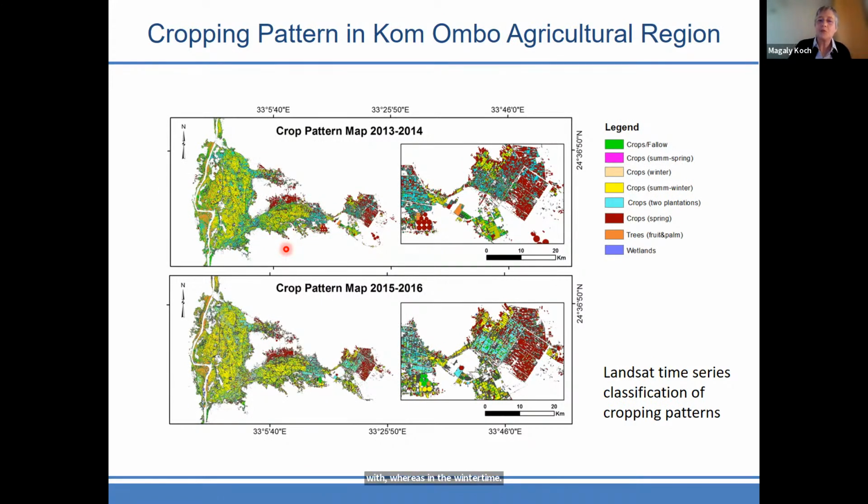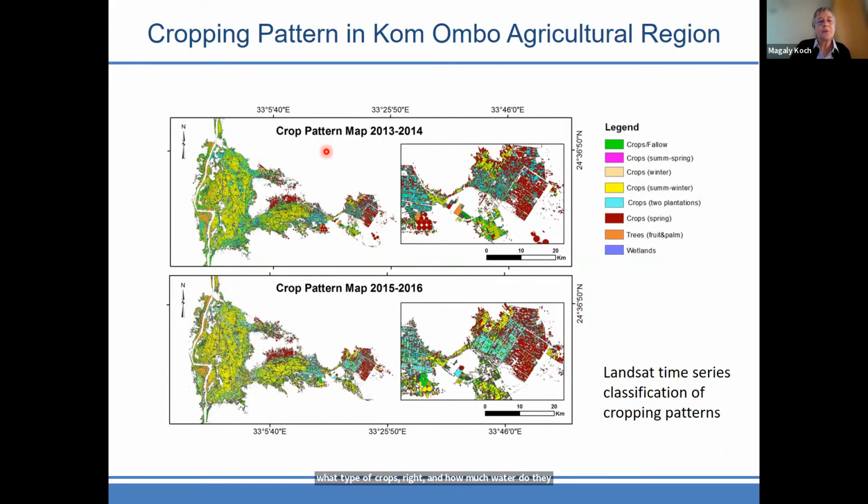So the wintertime is usually a better time to irrigate, because less evapotranspiration will happen. And so we were trying to use the Landsat time series to understand the cropping pattern. When do farmers plant what type of crops, right? And how much water do they need in order to grow?